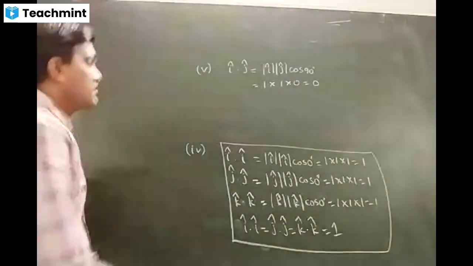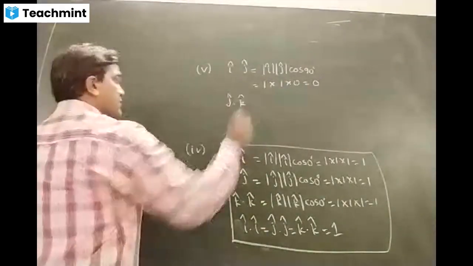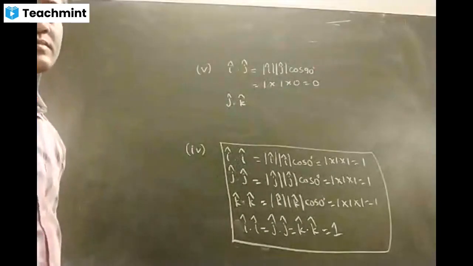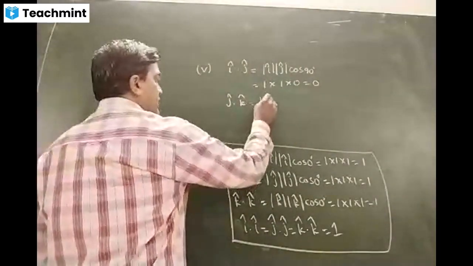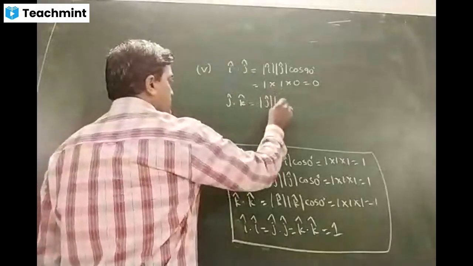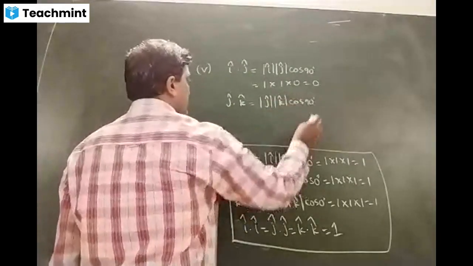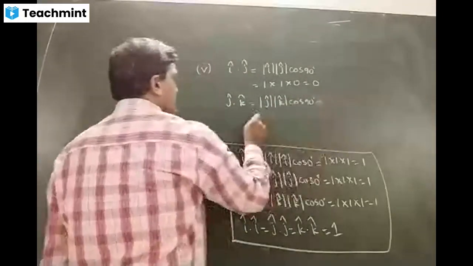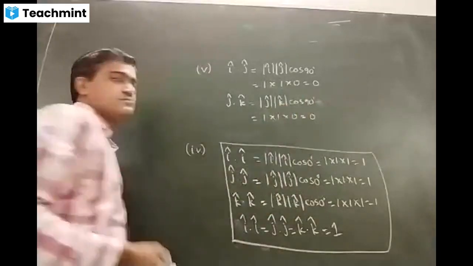Now, what about J cap dot K cap? 0, sir. Same, modulus of K cap into modulus of J cap into cos 90 again. So what I'm getting is 1 into 1 into 0, this comes out to be 0.